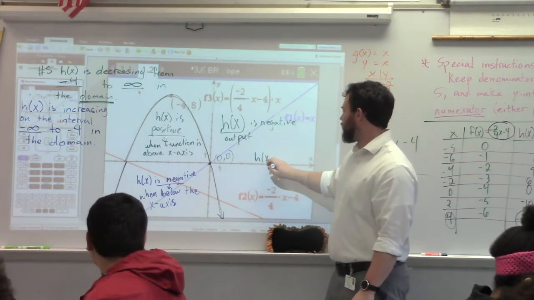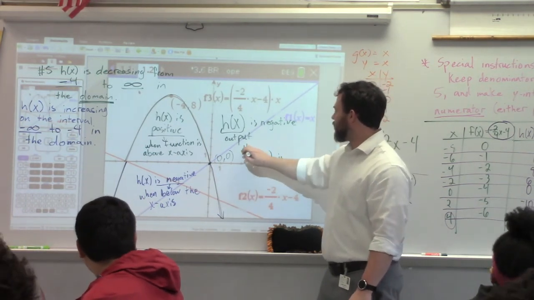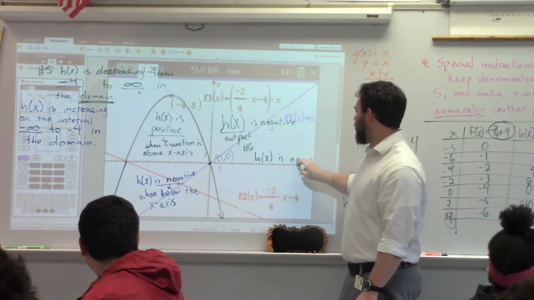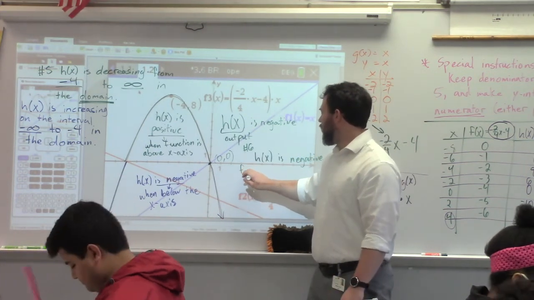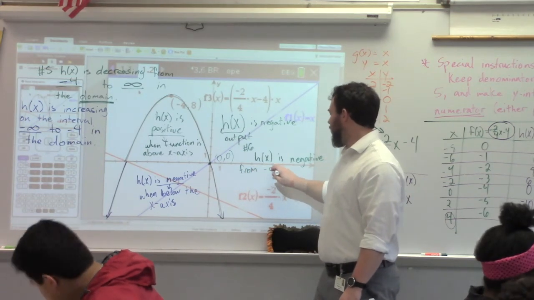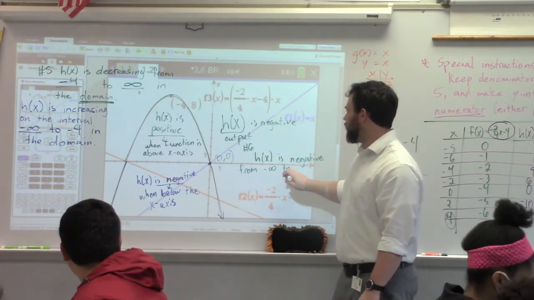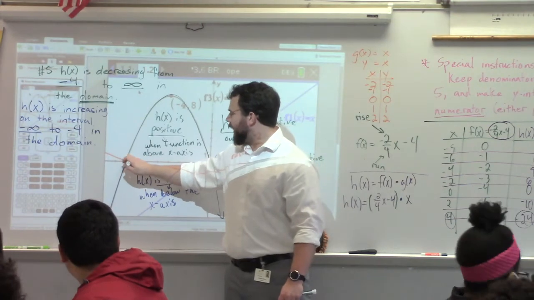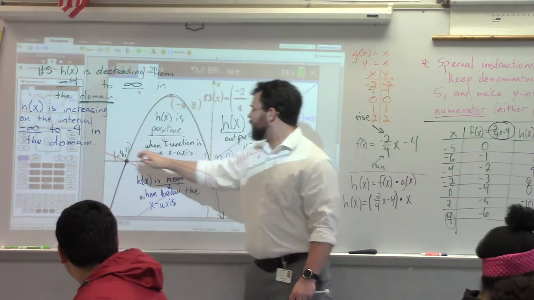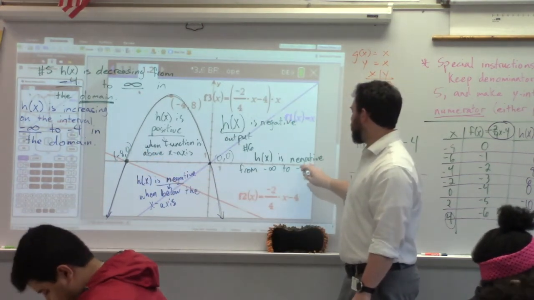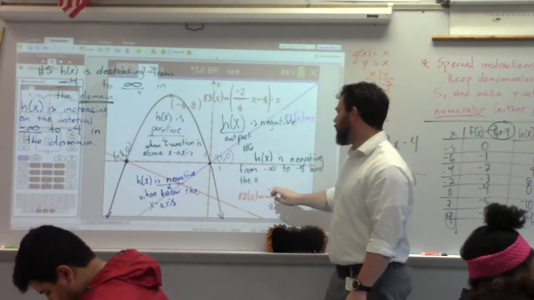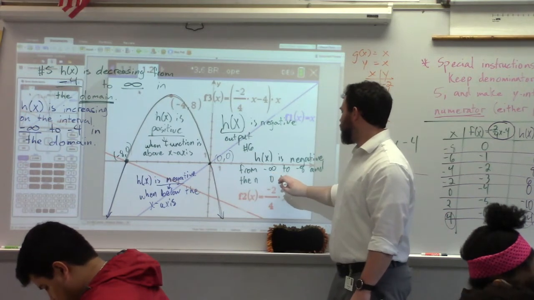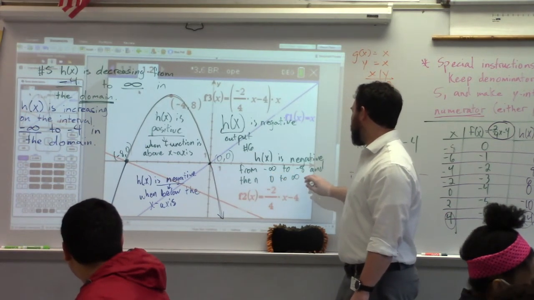So start, h of x is, and so this would be number 6, h of x is negative from what point is it? Negative infinity to, that point is negative 8, 0. So to negative 8, and then 0 to infinity for the domain.